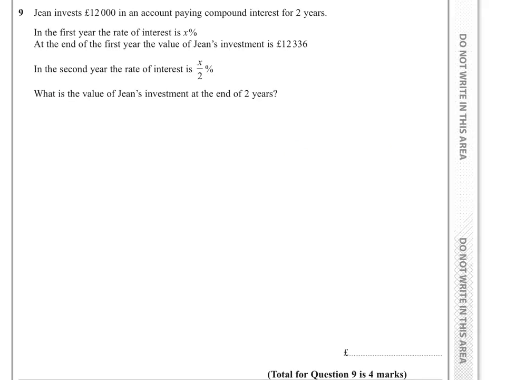Question 9. I don't think this is particularly easy, but Jean invests £12,000 in an account, paying compound interest for 2 years. In the first year, the rate of interest is X%.